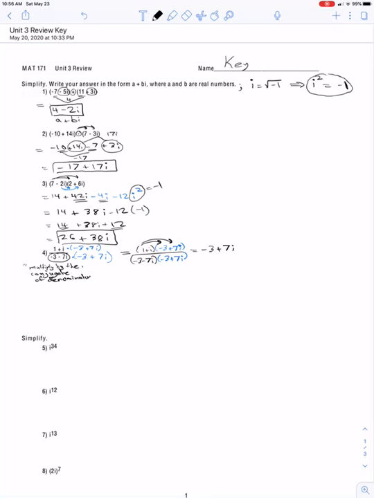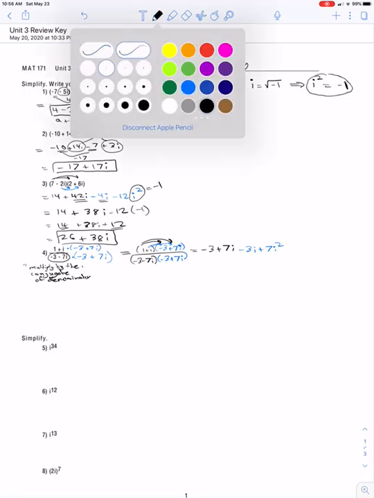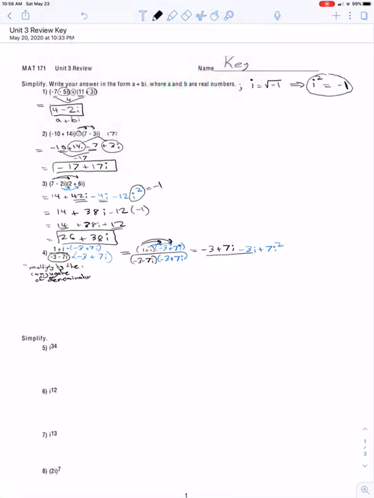And then we need to distribute. We need to multiply the i through. i times negative 3 is negative 3i. i times 7i is 7i squared. All right, and in the denominator, let's go ahead and do our product. Now, when we're multiplying by a complex conjugate, we're going to be eliminating i altogether.